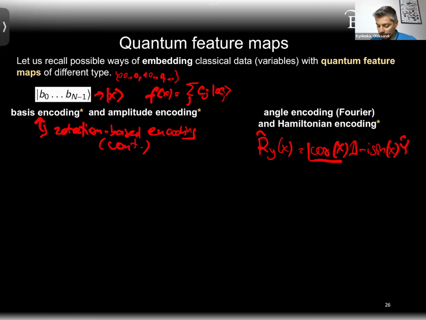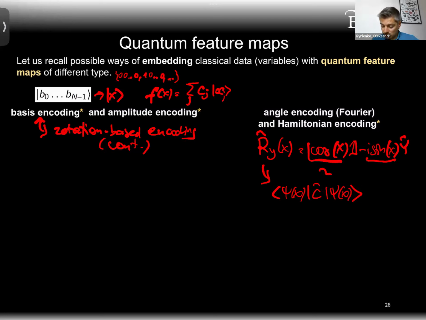Here are your features. This is cosine, this is sine. And in principle, if I'm building the model, I will implement Ry operation, but also there will be Ry dagger, because I have a state psi of x, measurement operator, and another state psi of x.